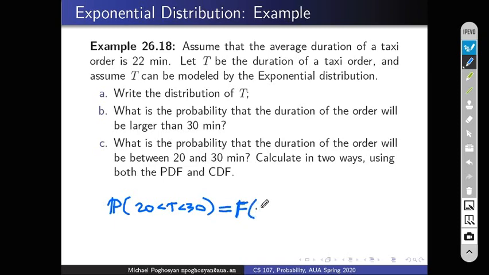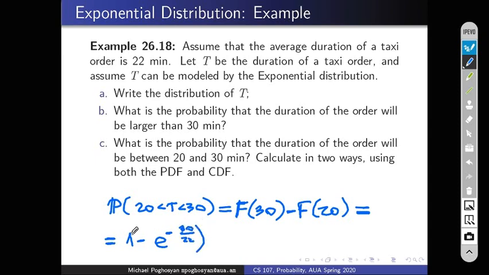This is F at 30 minus F at 20. And this is equal to 1 minus e to the minus lambda times this point, minus 30 over 22, minus 1 minus e to the minus 20 over 22.